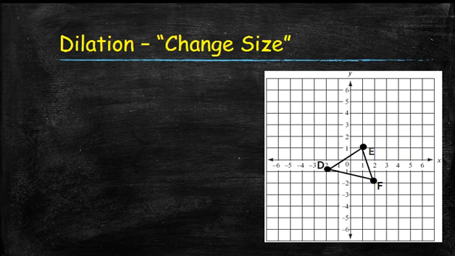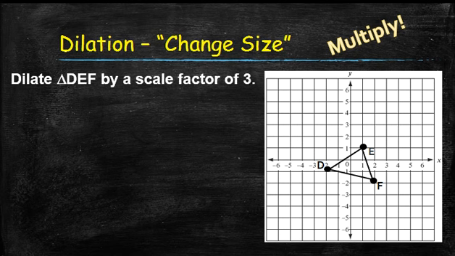Last transformation to talk about is a dilation. A dilation, we're just changing the size. So all we do is multiply. So we're going to dilate this triangle by a scale factor of 3. Scale factor tells you what to multiply by. So my point D, (-2, -1), I multiply that by 3. So that becomes (-6, -3).